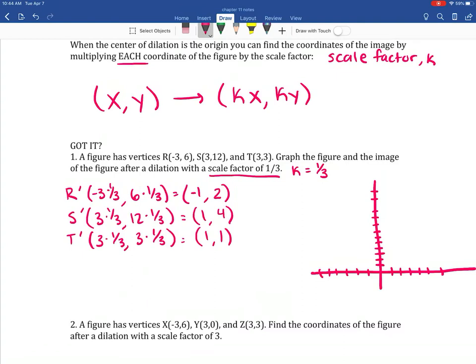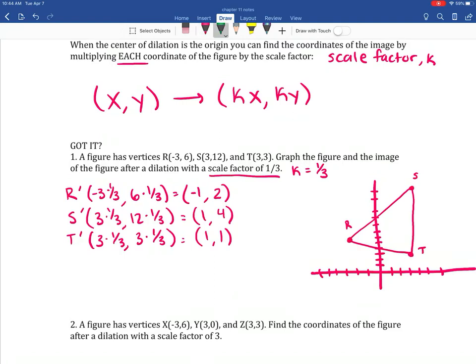I'm going to graph R first, -3, 6. Then 3, 12, and 3, 3. So that triangle is a pretty decent size.